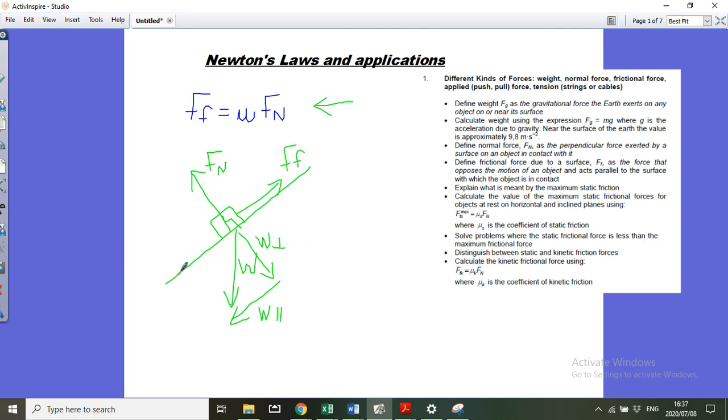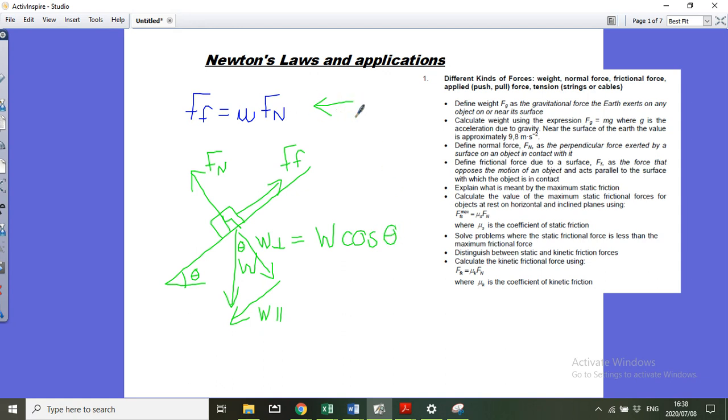So if you look at, and this we also did a lot of in chapter 1, if that's my theta there, this angle here will be theta. So it's going to be adjacent always. So weight perpendicular is going to be equal to weight times adjacent, so it's cos of theta.